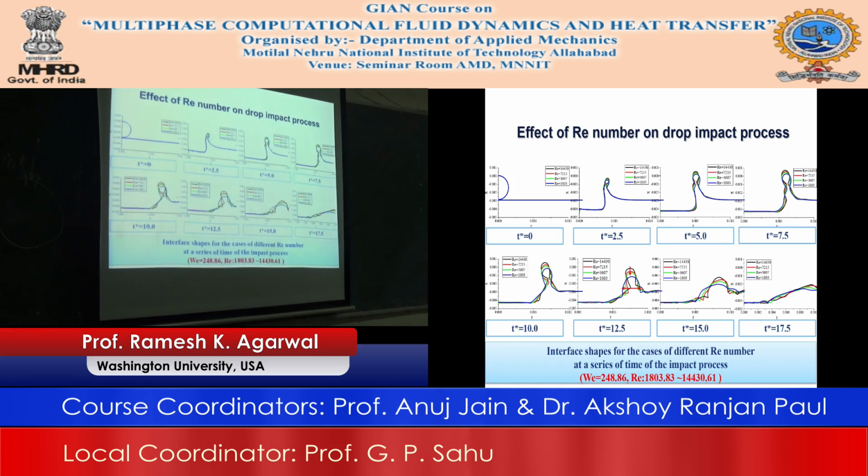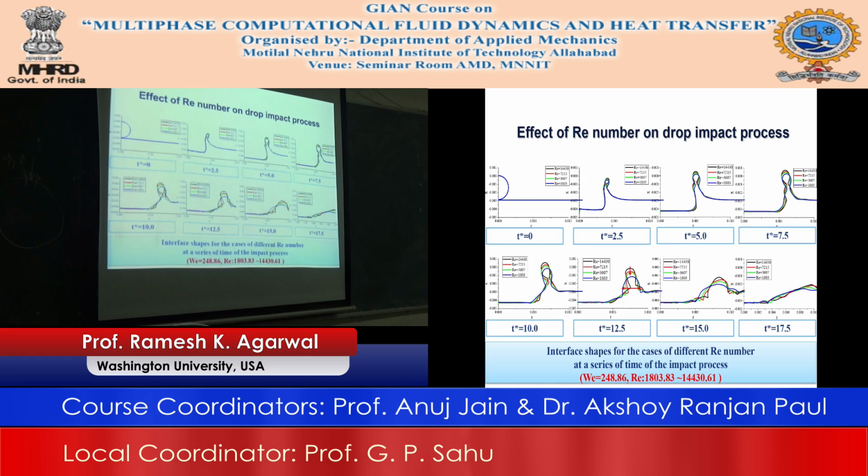So t equal to 0 to 17.5, and if you are able to read it, the blue is the lowest Reynolds number and the black is the highest Reynolds number, and this is a very rich set of results. But what you find here is that in the initial stages, the influence of the Reynolds number is not that evident, but eventually, there is some effect.